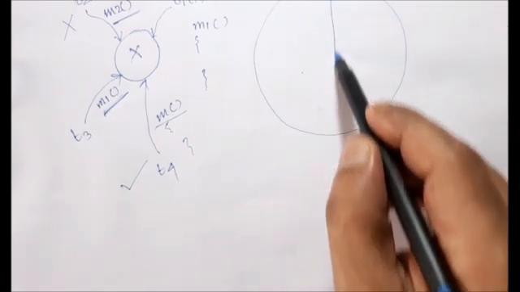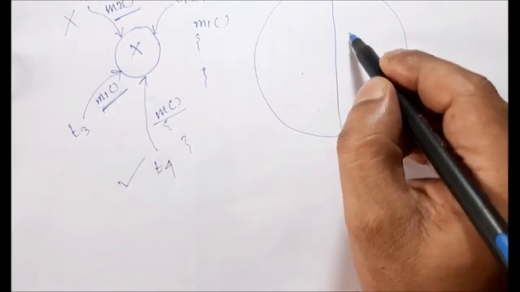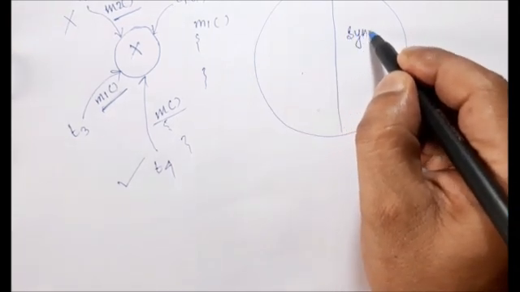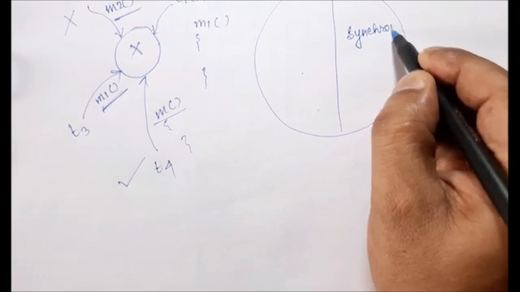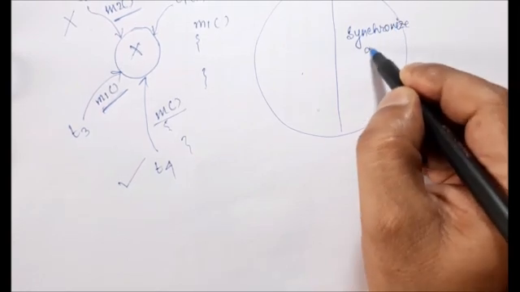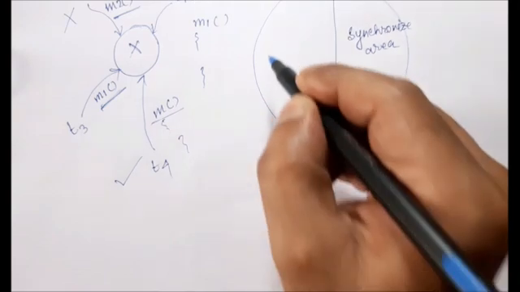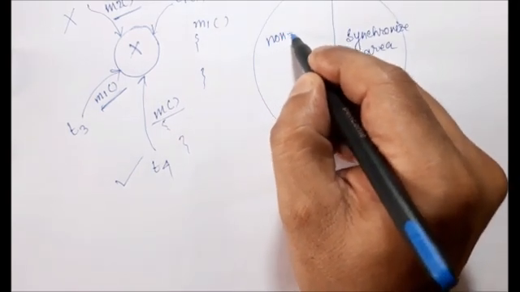Basically, there are two areas you can consider. One part is called the synchronized area. Another part is called the non-synchronized area.